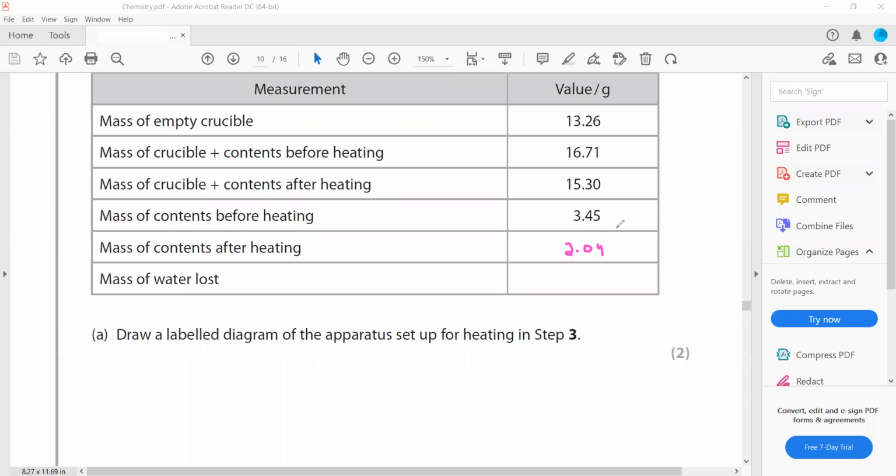And for the mass of the water lost, we subtract these two values, so it is 1.41. That's how we got the mass of content after: we subtract the empty crucible mass from the mass of crucible after, and we get the mass of the content.